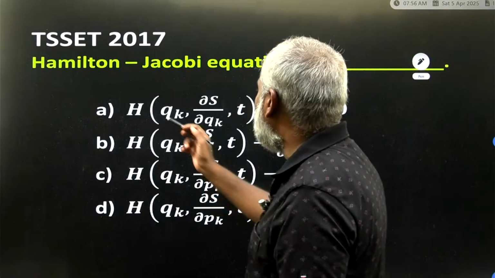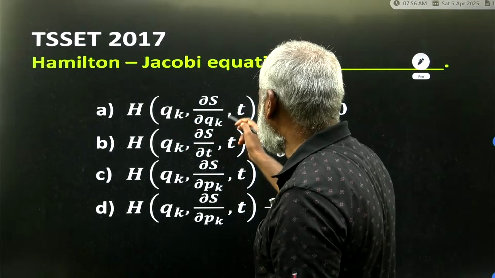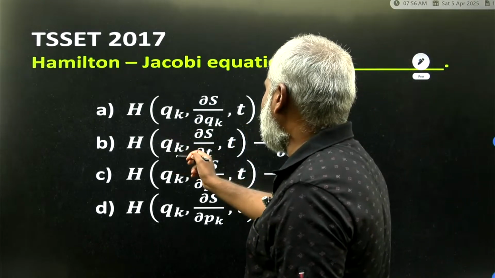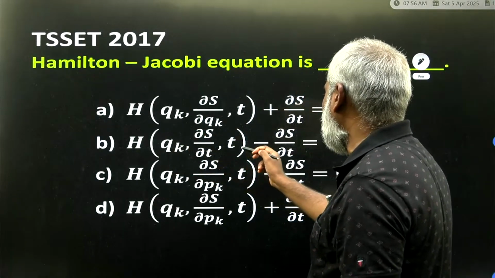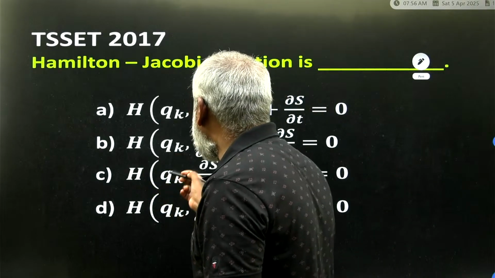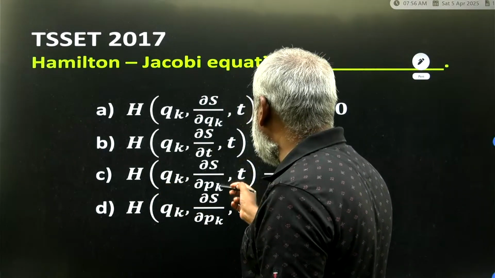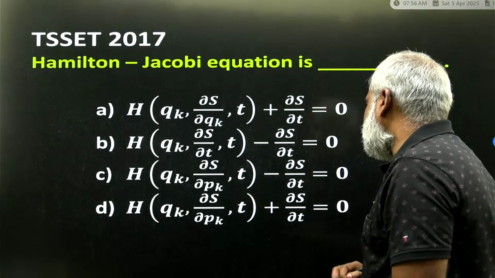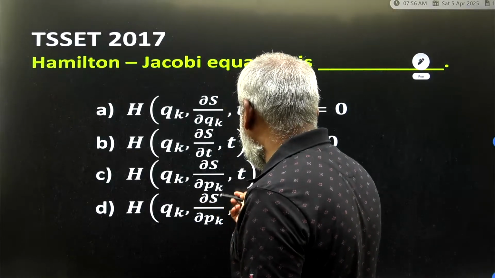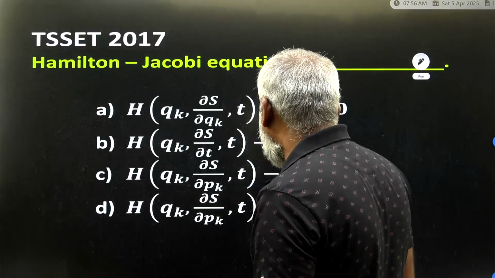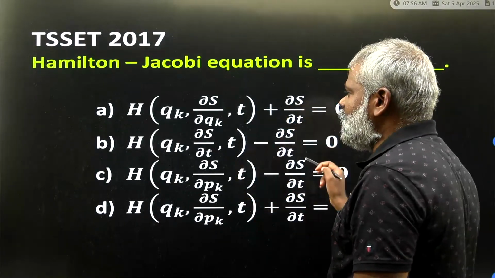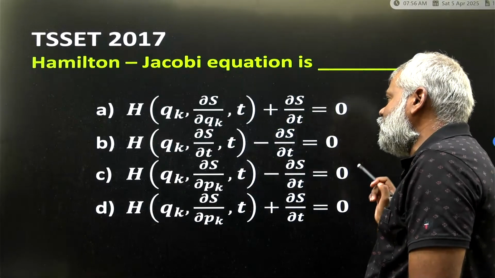Option A: H(qk, ∂S/∂qk, t) + ∂S/∂t = 0. Option B: H(qk, ∂S/∂t, t) − ∂S/∂t = 0. Option C: H(qk, ∂S/∂pk, t) − ∂S/∂t = 0. Option D: H(qk, ∂S/∂pk, t) + ∂S/∂t = 0. Among the options, which option is correct? What is the Hamilton-Jacobi equation they are asking?